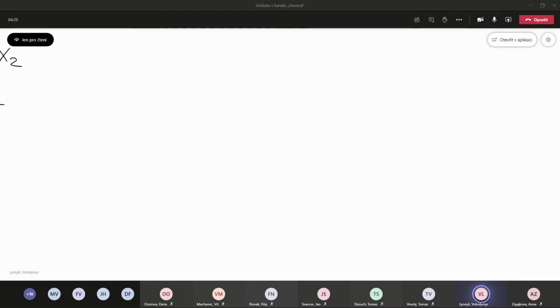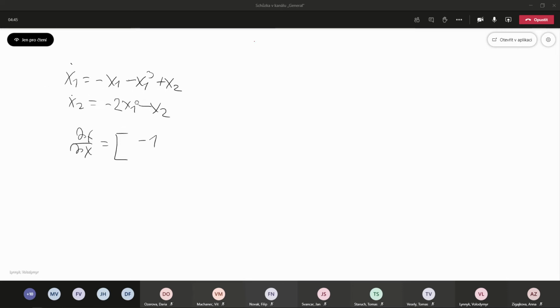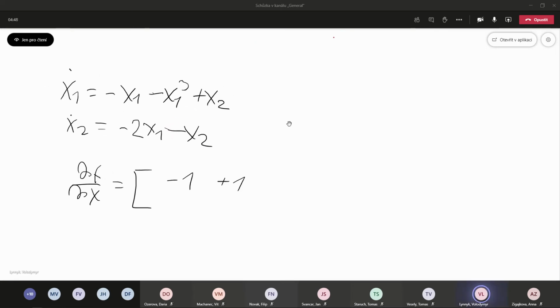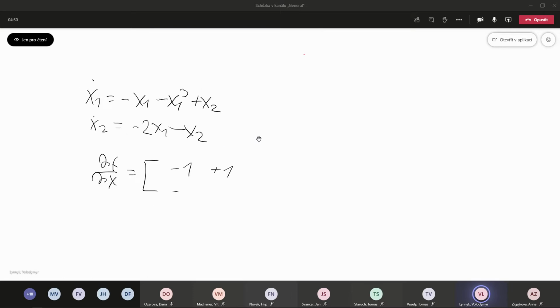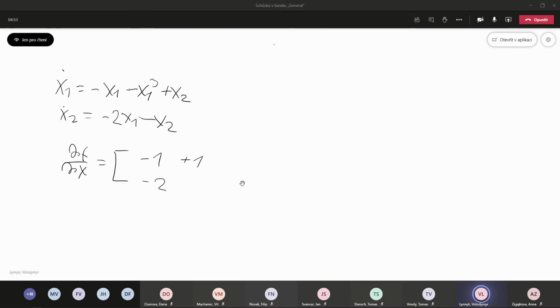Then we calculate the Jacobian: minus 1, plus 1, minus 2, and minus 1. And at 0 0, always here it's 0 0.